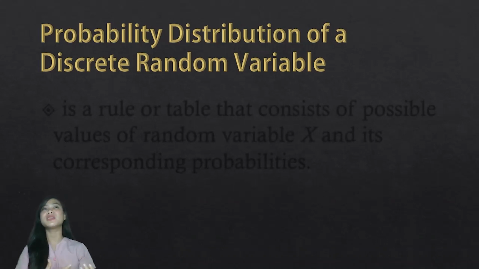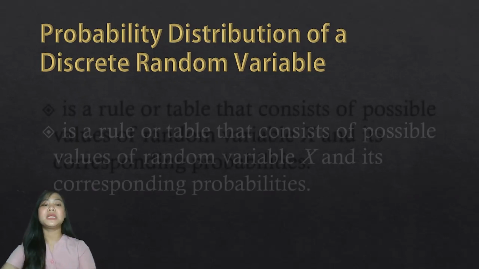The discrete can be easily counted, and the probability distribution will be exact, or can be easily quantified.